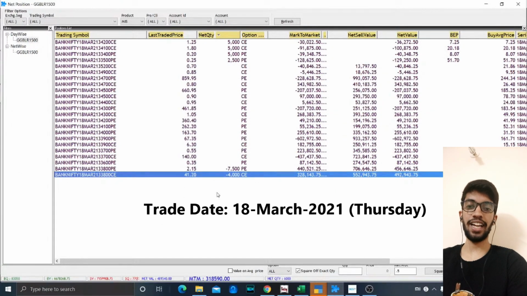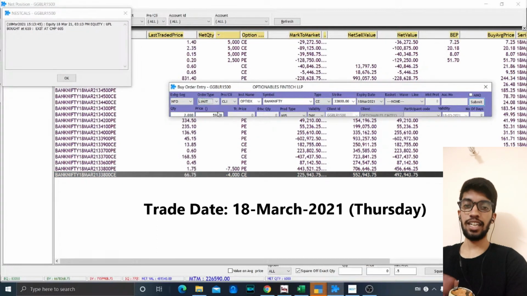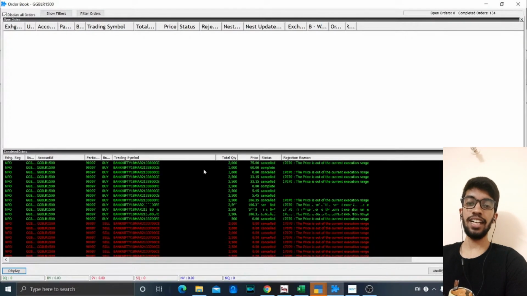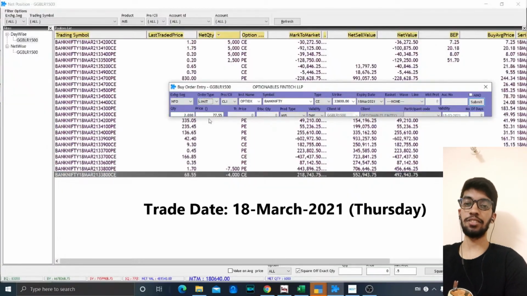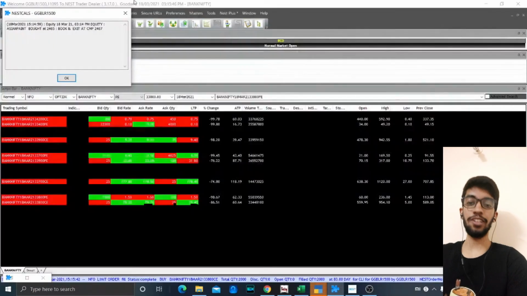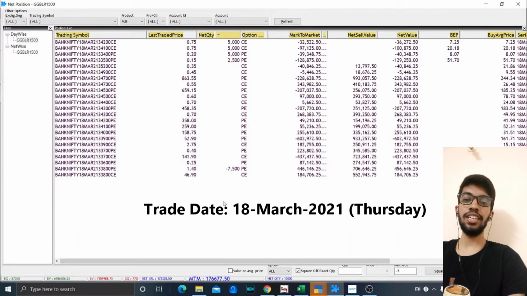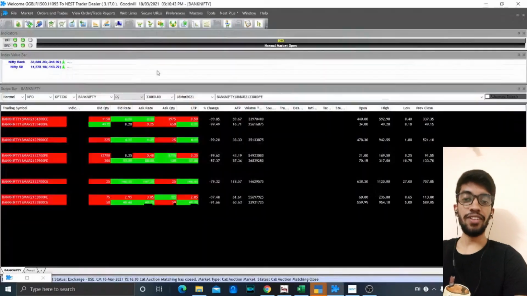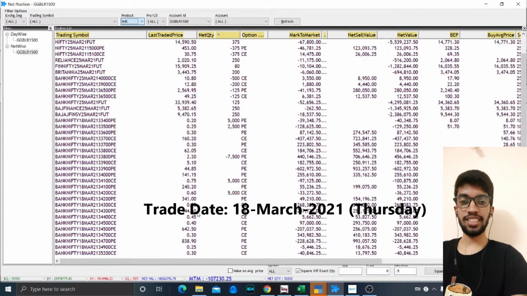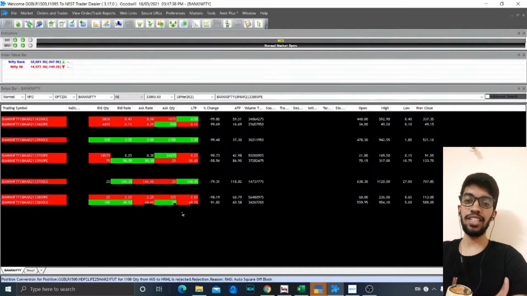So we had around 2 lakh 30,000 or something, plus another 2 lakh made it somewhere close to, sorry, 4 lakh 50,000. So as of Thursday we had 4 lakh 50,000, and Wednesday trade just gave us around 40,000, and we were now only left with Friday.